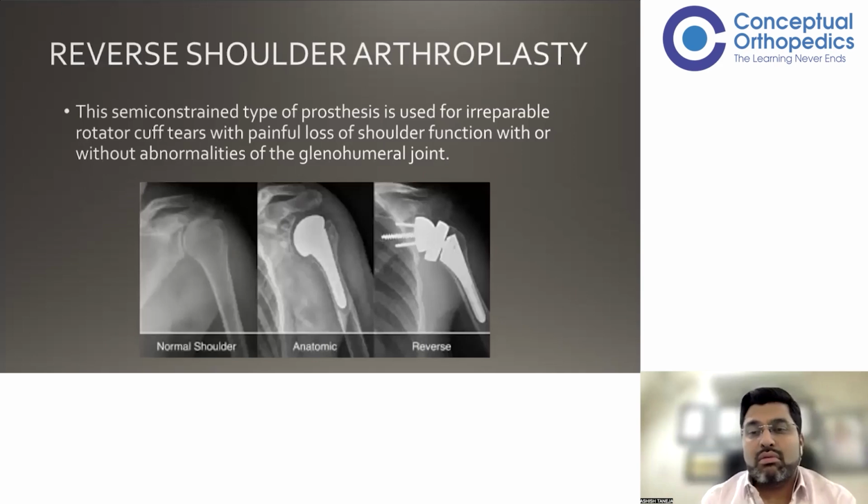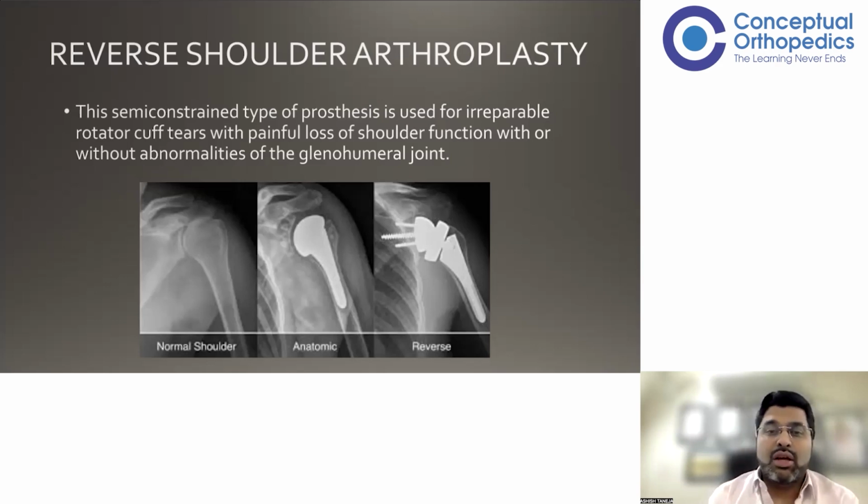Now, the arthroplasty which is in fashion is the reverse shoulder arthroplasty. It is a semi-constrained version, mainly used for cuff tear arthropathy, in which the rotator cuff is irreparable and there is painful loss of shoulder function with or without glenohumeral arthritis. So, first thing is the cuff should be torn and irreparable.